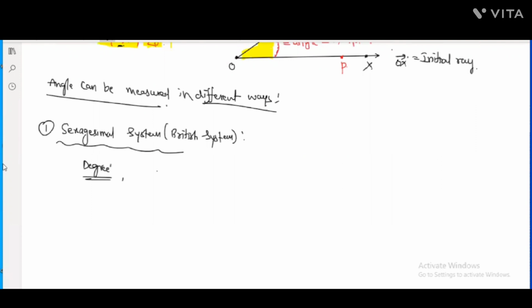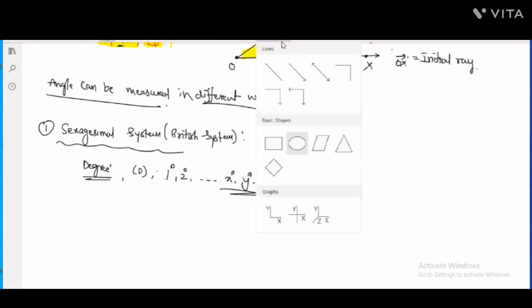Generally it is denoted with capital D, and symbolically we show it like 1 degree, 2 degrees, and so on, some X degrees or Y degrees, with a small circle above the number on the top right side, and we read it as 1 degree, 2 degrees, and so on. How can we define it actually?